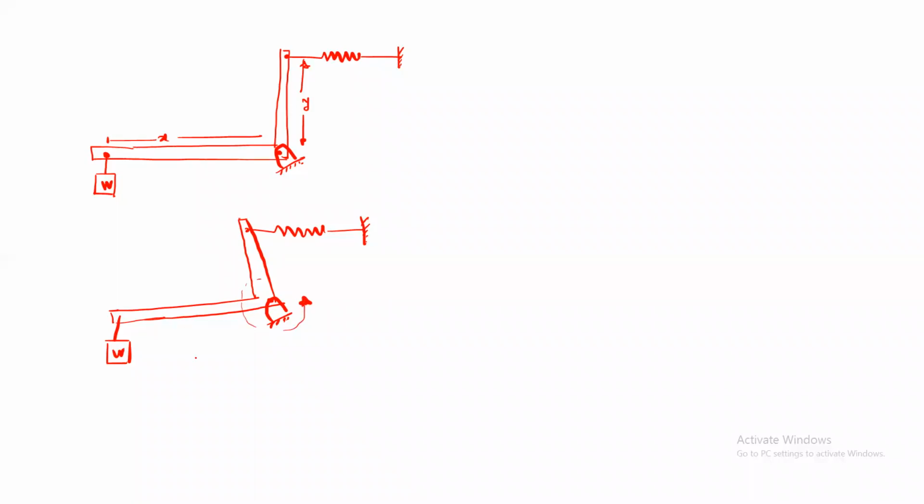So this moment, which will act at this point, we'll write here, anti-clockwise moment, is equal to W into X. X is the perpendicular distance with respect to this pivot point.